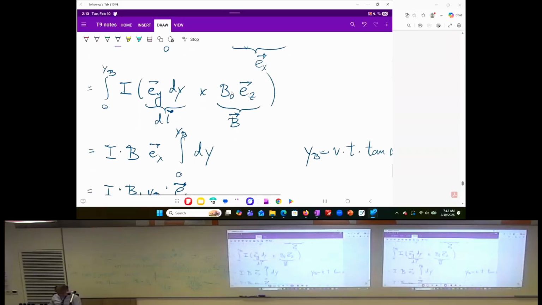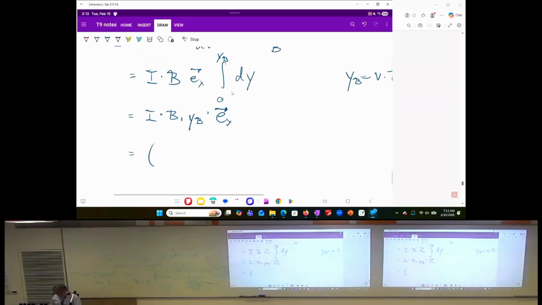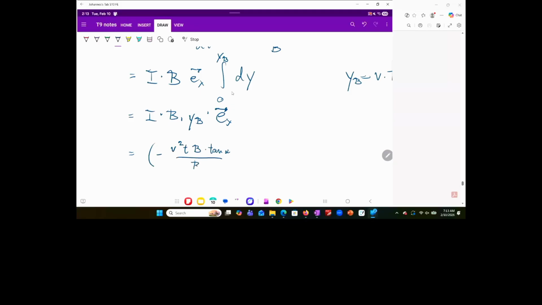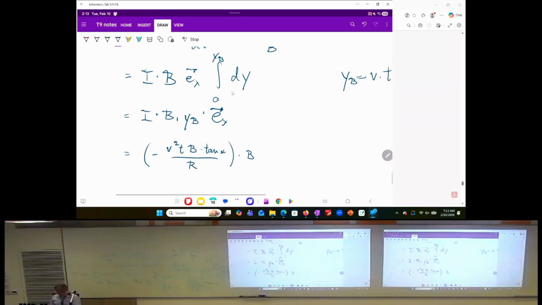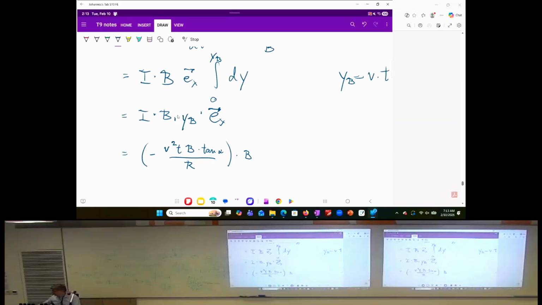That gives us minus v squared t B0 tangent of alpha over R. This is the current that we calculated, times B0.